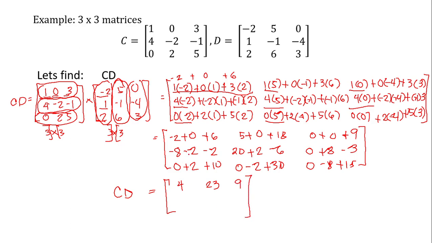Negative 8 minus 2 minus 2, which is negative 12. 20 plus 2 is 22, minus 6 is 16. 0 plus 8 is 8, minus 3 is equal to 5. 0 plus 2 plus 10 is 12. 0 minus 2 is negative 2 plus 30 is 28. And 0 plus 8 is negative 8 plus 15 is 7. So this is our matrix CD, our 3 by 3 matrix.